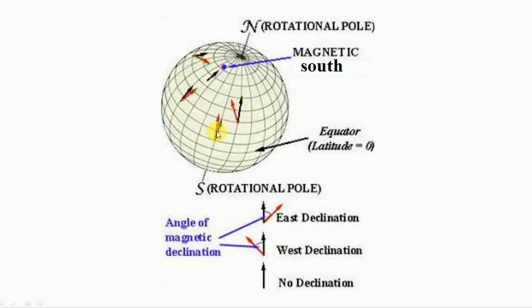If you consider this point, the angle of declination is small, and out here the magnetic meridian and geographical meridian are in the same line. So out here angle of declination is 0. Out here it is changing, out here also it's more. So at different places we have different angle of declination.